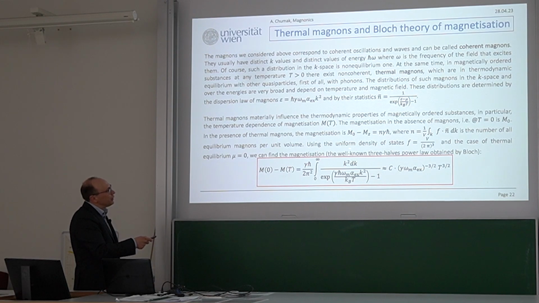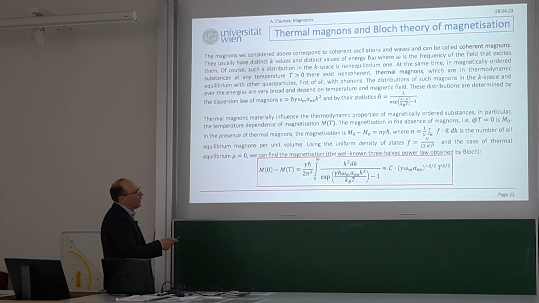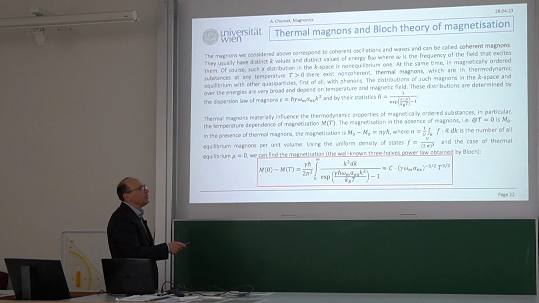If you use some uniform density of states, simply the volume of your material divided by (2 pi) to the power of 3, and again you consider equilibrium, mu equals 0, then you simply plug in the Bose-Einstein statistics, and after integration you will get this famous law, T to the power 3 over 2.